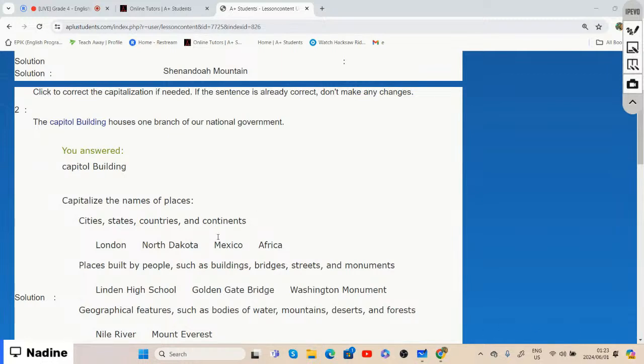All right. It says the Capitol building houses one branch of our national government.